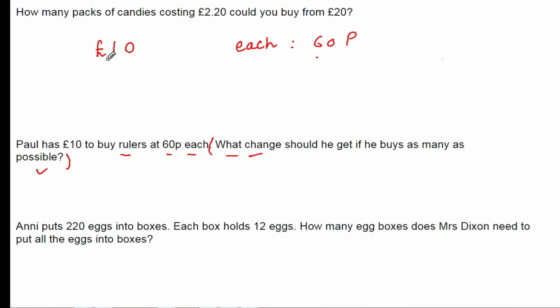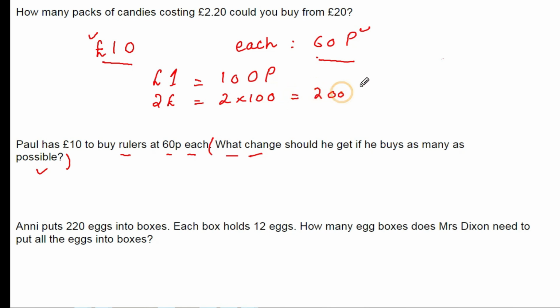One important thing in this question is that we have two different units. This is pound and this is pennies. It means we need to convert pounds into pennies, right? Otherwise we can't divide them. You know that 1 pound is equals to 100 pence. 2 pounds will be equals to 2 times 100 pennies, that would be equals to 200 pennies.